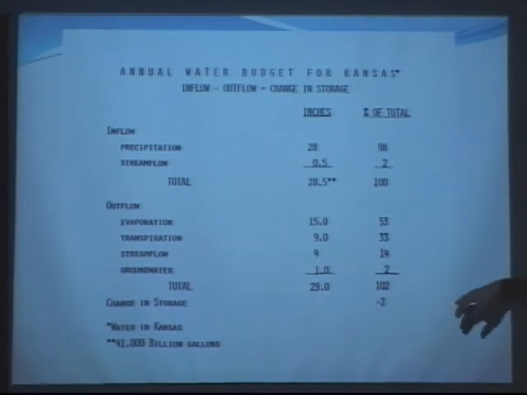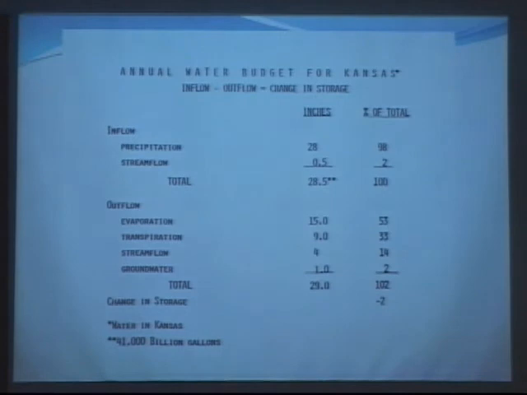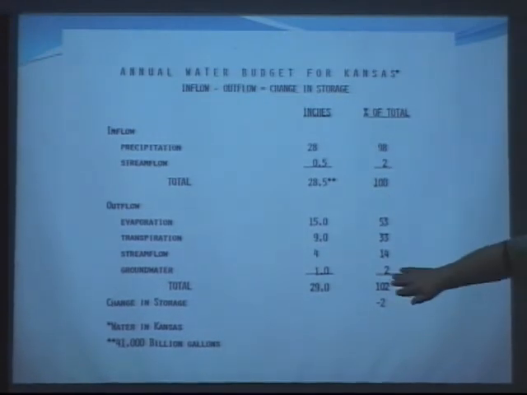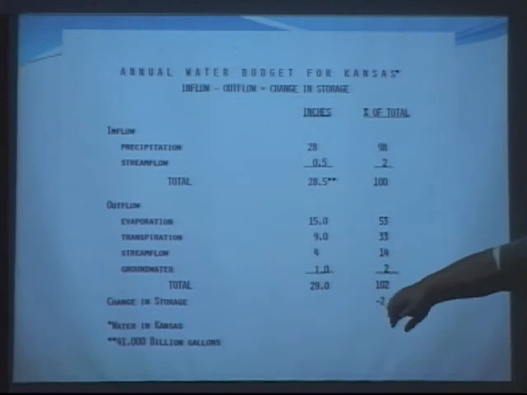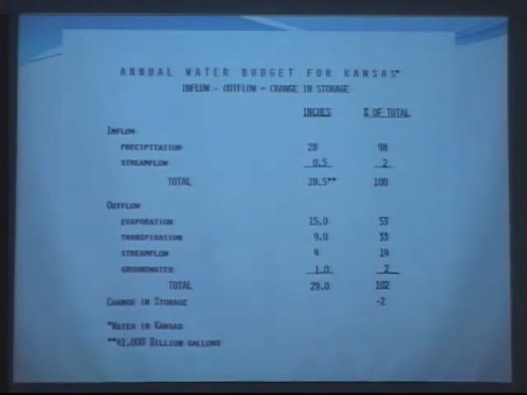We have some water that drains out of the state down here on the outflow side. But if you add up the inflow and compare it with the outflow, we're deficit spending. We're using more water than we get. So what happens is that our storage is depleted. So how do you suppose we're balancing our checkbook? What would you suppose by observation?